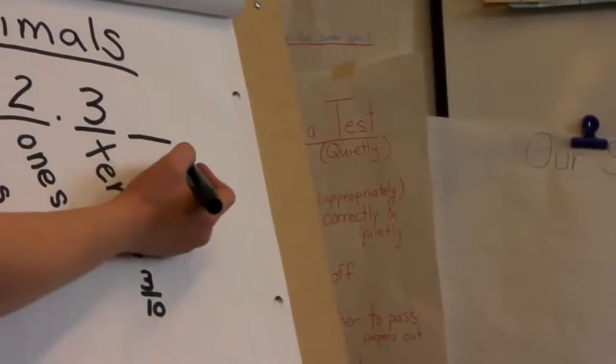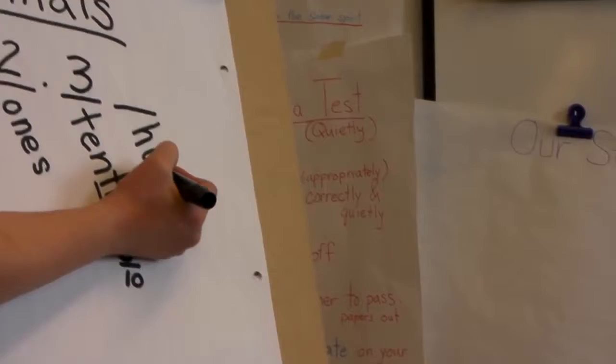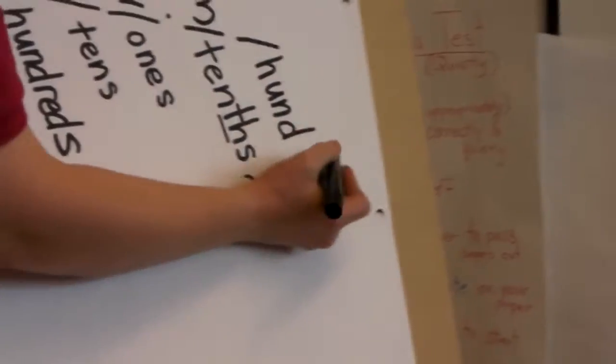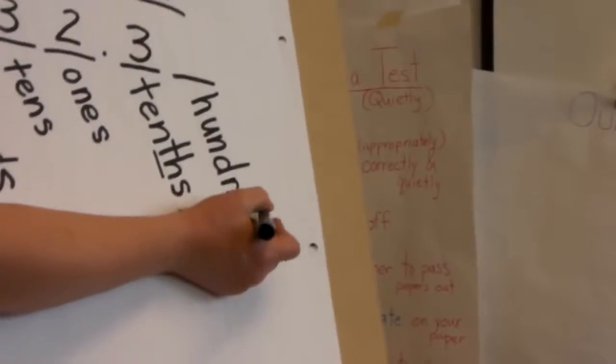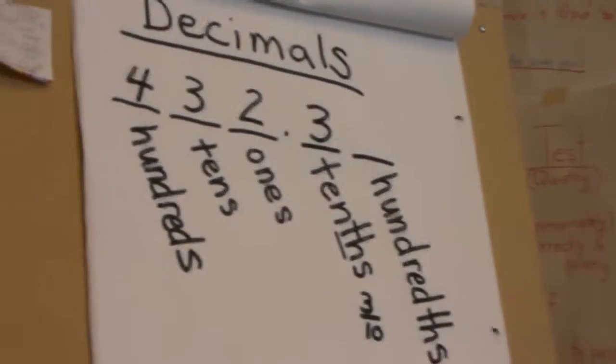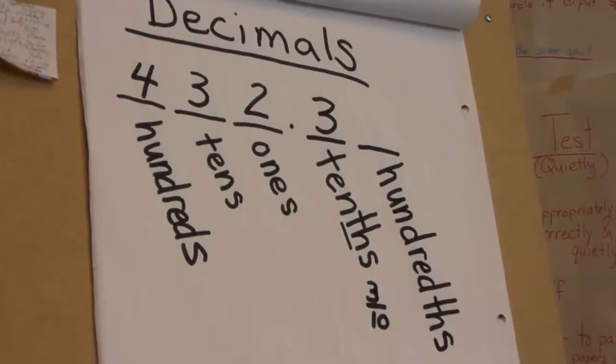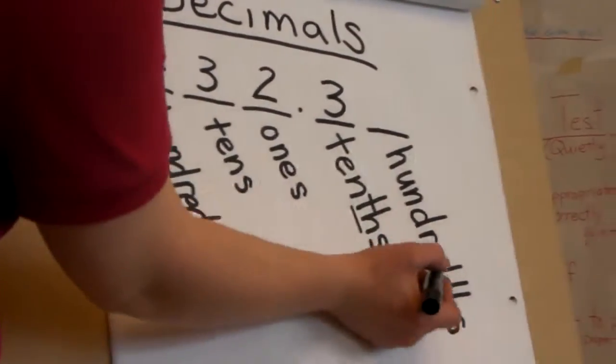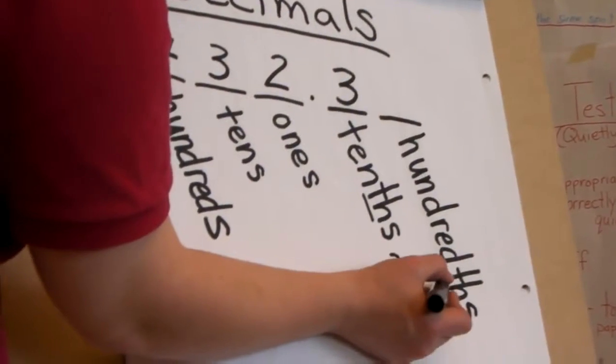Yes? Hundredths. Good, very good. Okay, so I'm going to write it just like I would write hundreds, except I'm going to do hundredths. Hundredths place. Okay, so it goes all the way the same, except there's the TH in there.